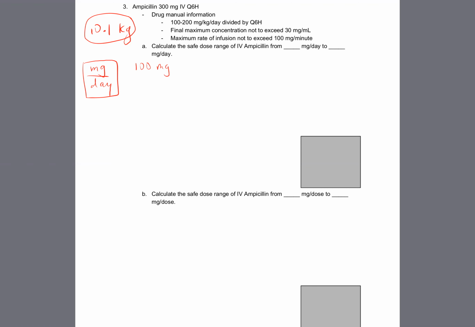So we're going to make sure that we have our order, 100 milligrams per kilogram, all over 1 day. And we have our other order of high dose range, which is 200 milligrams per kilogram per 1 day. And the availability is going to be Grace's weight, 10.1 kilograms.